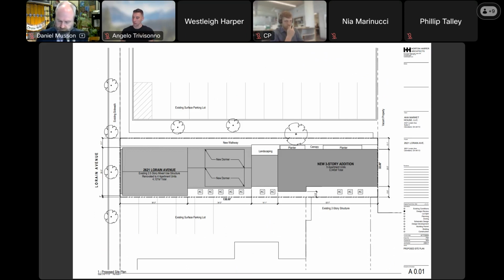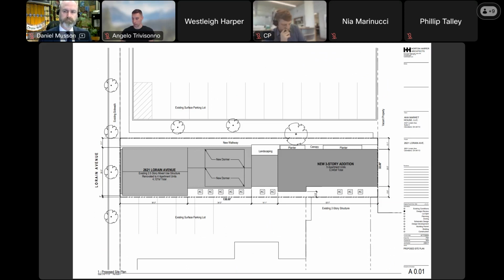In this scheme, you can see that we're proposing to add new dormers on the existing structure. In the most recent plan, SHPO is not allowing us to do new dormers. And then the addition would only be 2 stories with a gable roof, as opposed to the flat roof scheme that you'll see here.